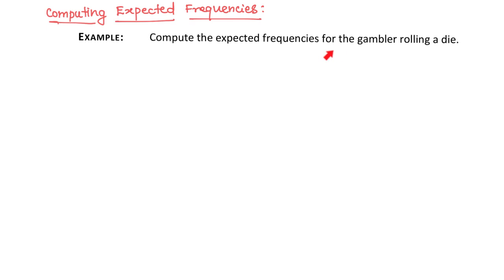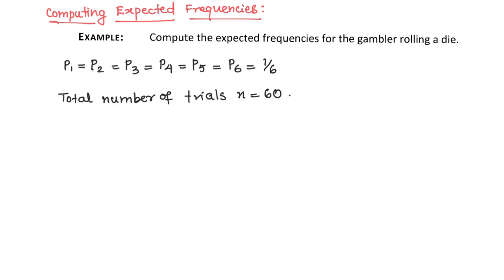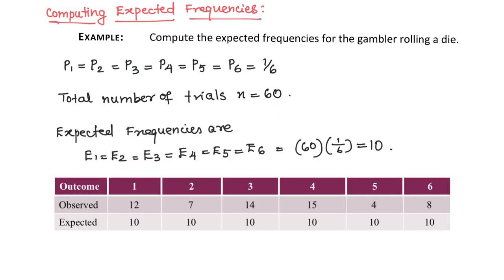Compute the expected frequencies for the gambler rolling a die. The probability of getting each number is 1/6 and the total number of trials in that example is 60. The gambler rolled the die 60 times. In order to find the expected frequency, multiply the probability by the number of trials. So you will get an expected frequency of 10 for each one.